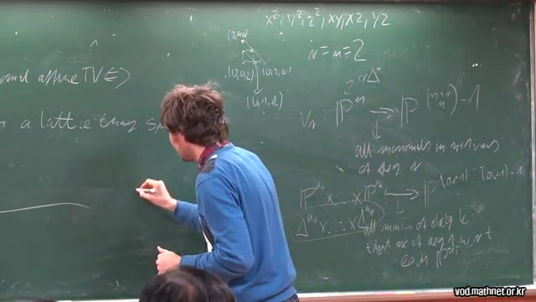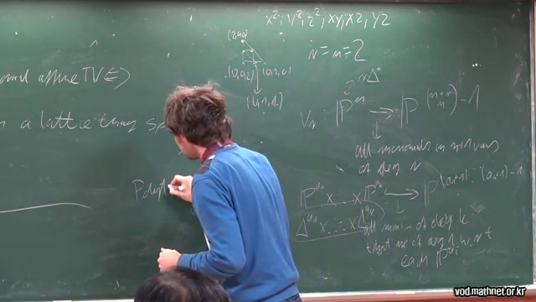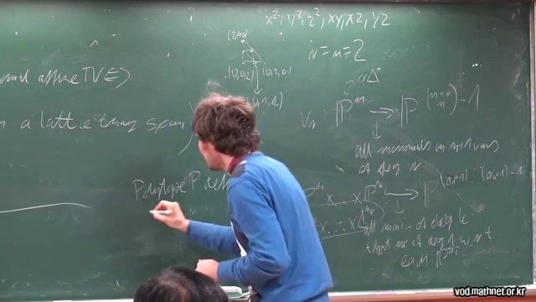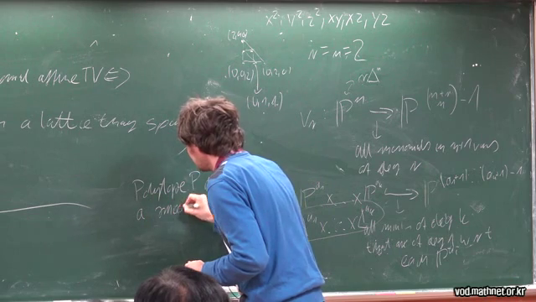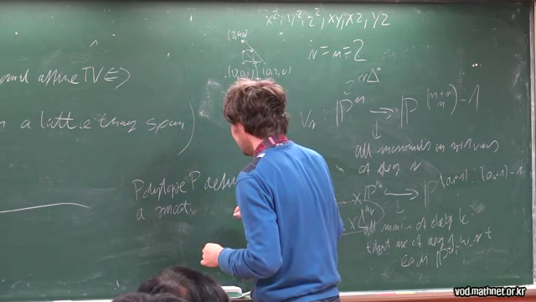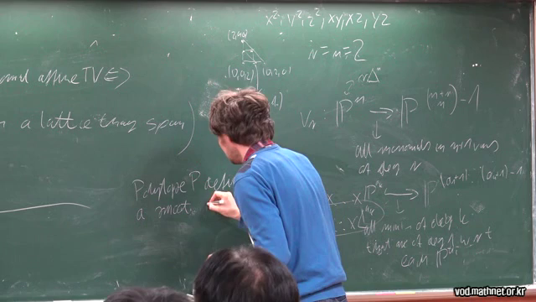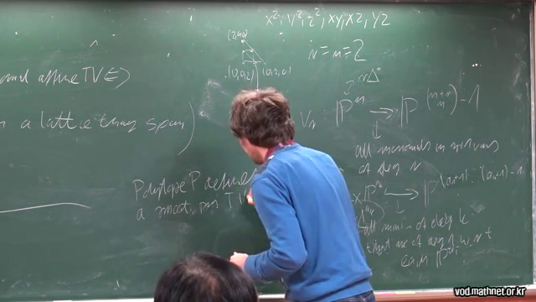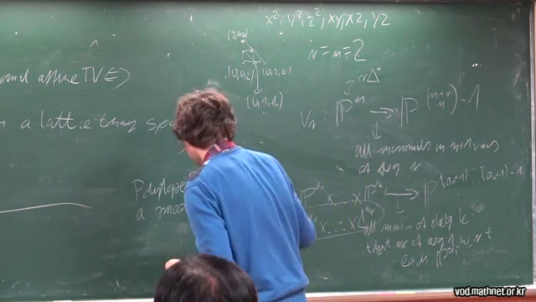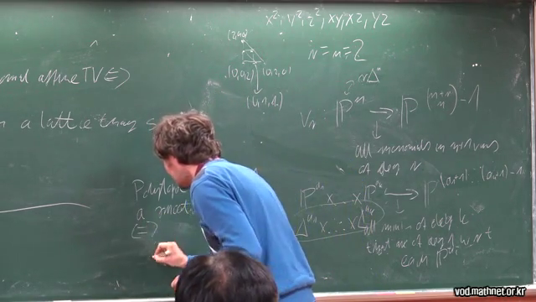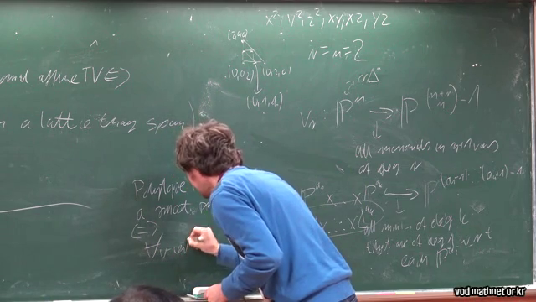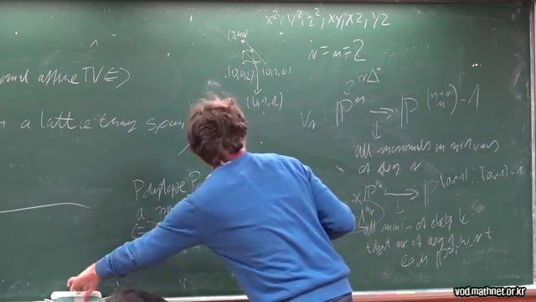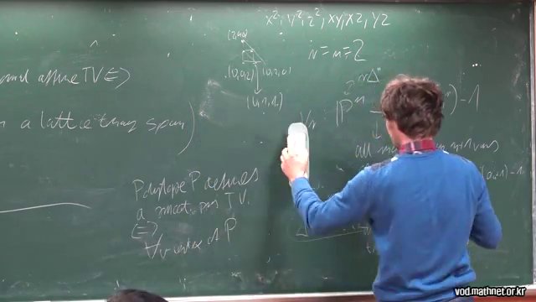Okay, so a polytope P defines a smooth projective toric variety if and only if for every vertex of P we have two conditions. I will write it here.